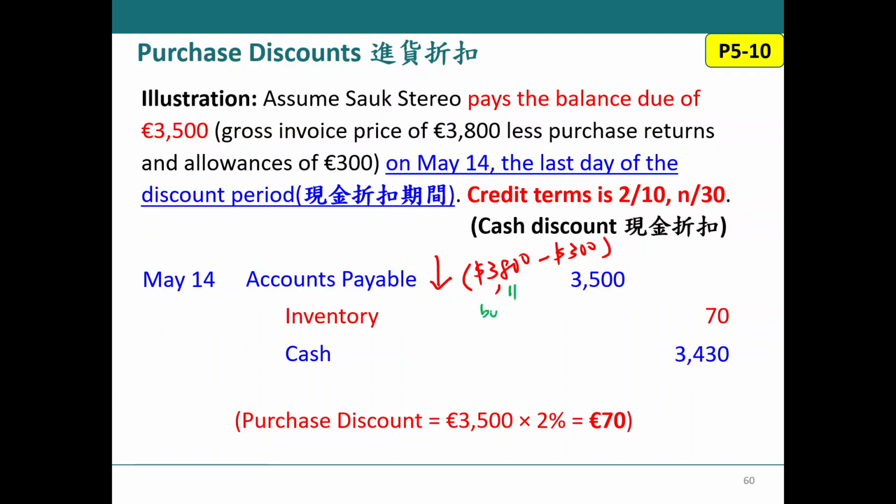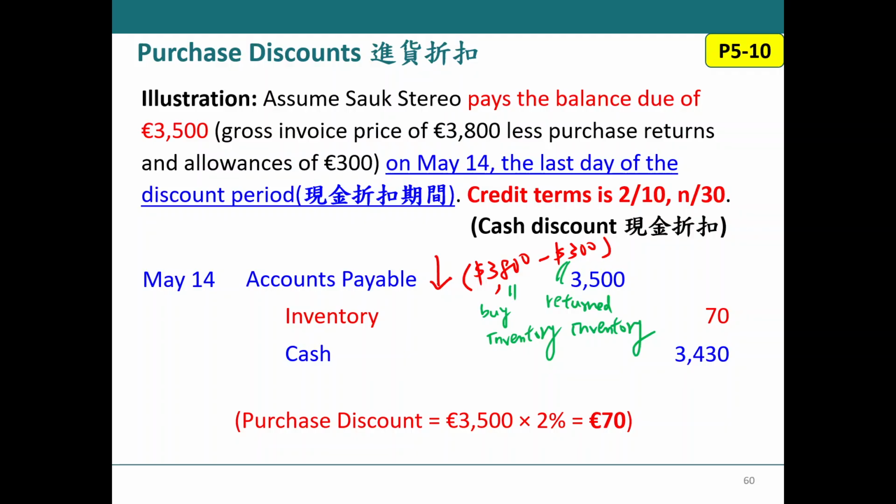This is when you buy inventory, and the $300 is when you return inventory. That's why you owe suppliers only $3,500.